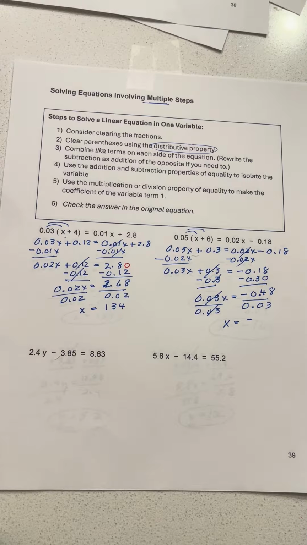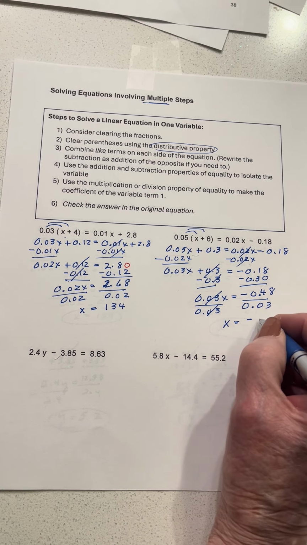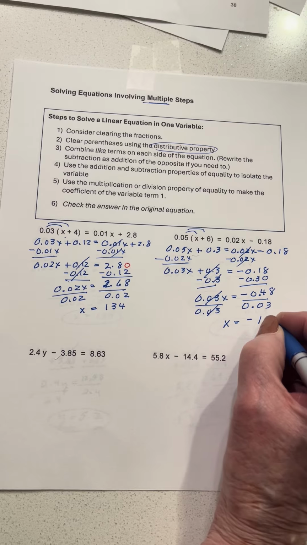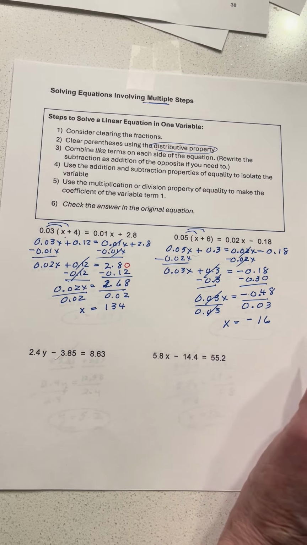Okay, I did not do that right on my calculator, so I'm doing it again. Divided by 3/100, and x is equal to negative 16. Negative because the signs are different.